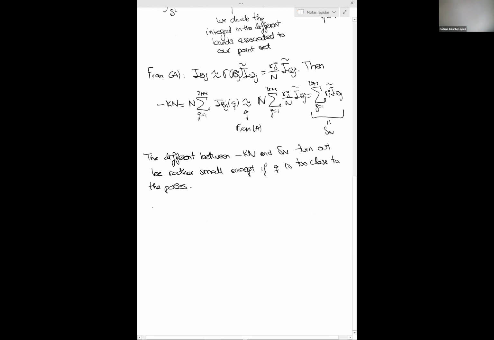We prove that, where the symbol hides essentially the term this, with Q belonging to the band BL.